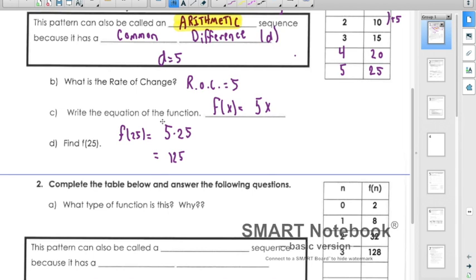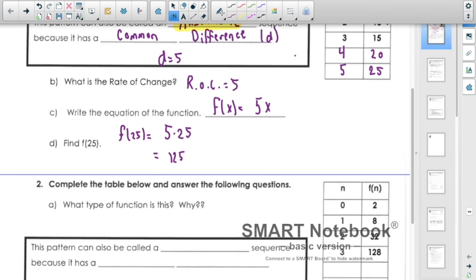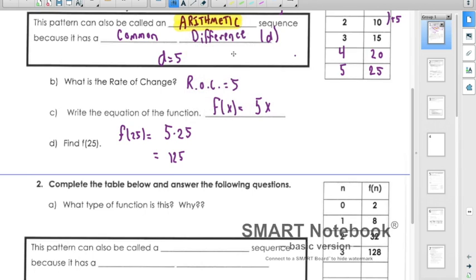Now recall what this means. I have this value of x, 25, that's being substituted in for x. But then I get an output of 125. So here's my input, here's my output.